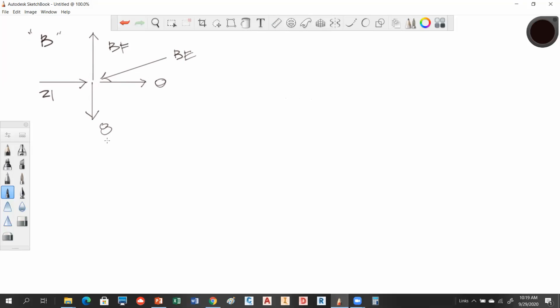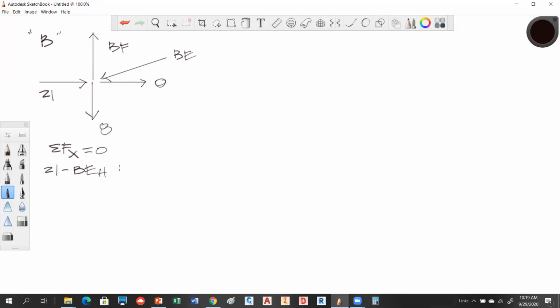So let's do our resolution. Sum of forces in the X have to equal 0. So in the X, we have 21 kips minus BE horizontal, right? And the zero is out.